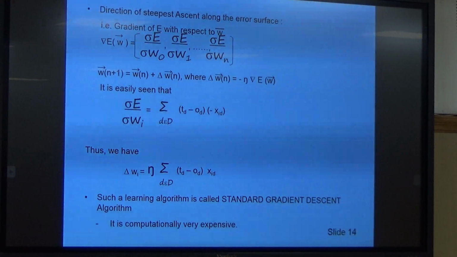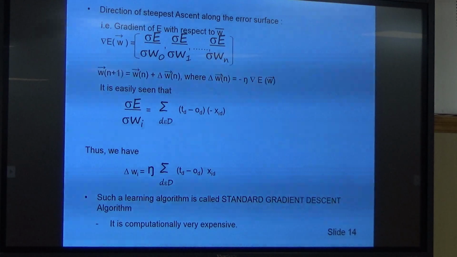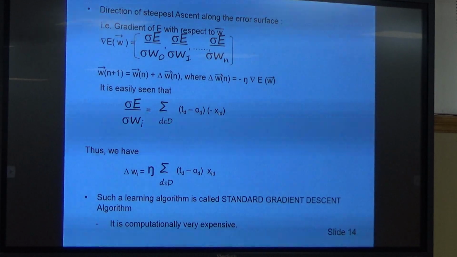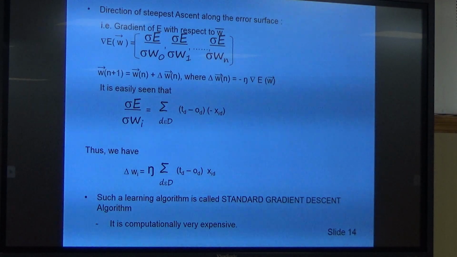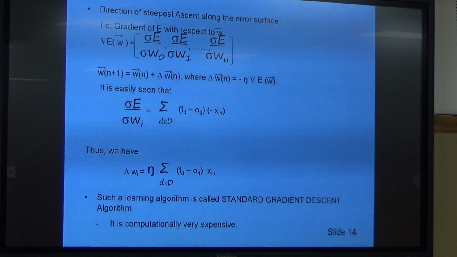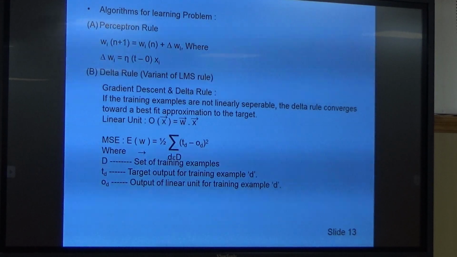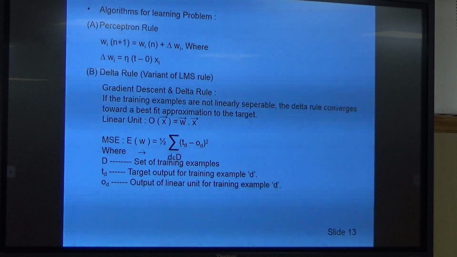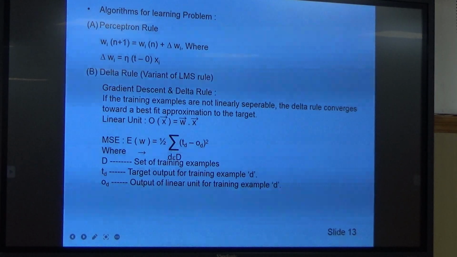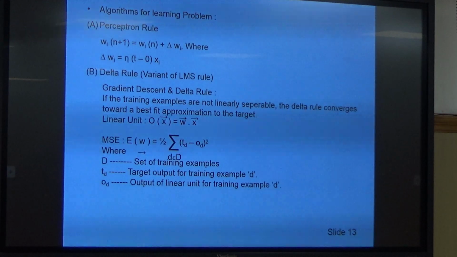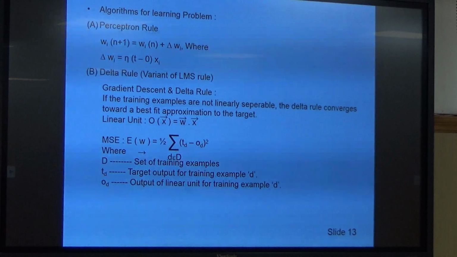It so turns out that the negative of the gradient gives the direction in which the function decreases fastest. So, it's a simple exercise. Suppose error with weights W1 and W2 is half (TD minus OD) whole square.